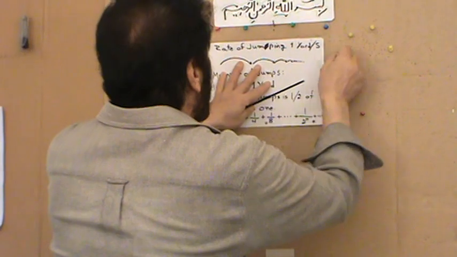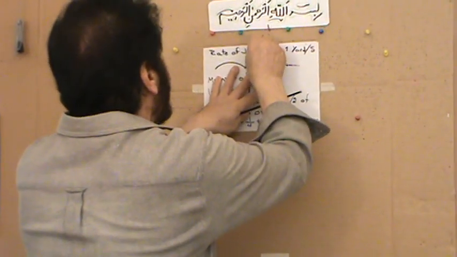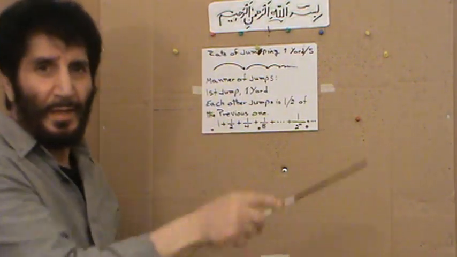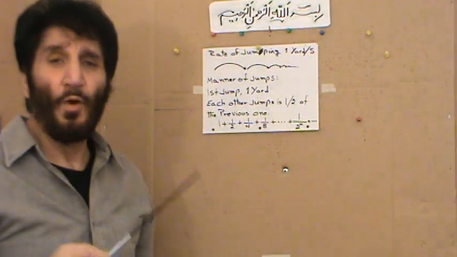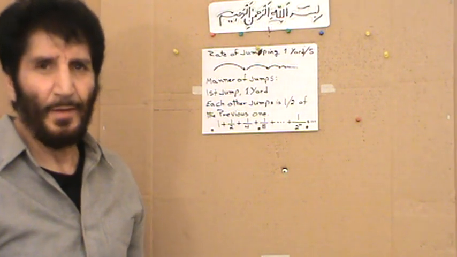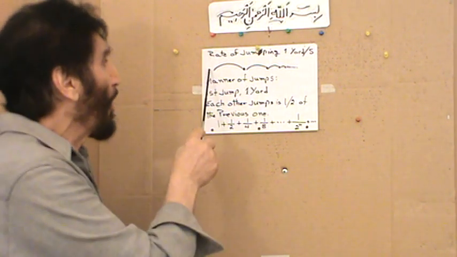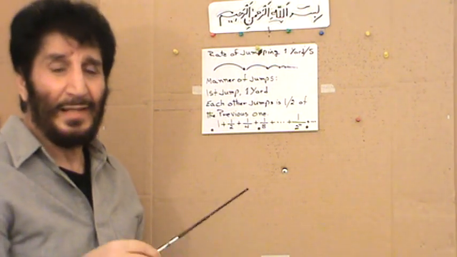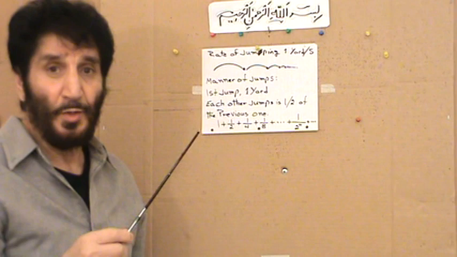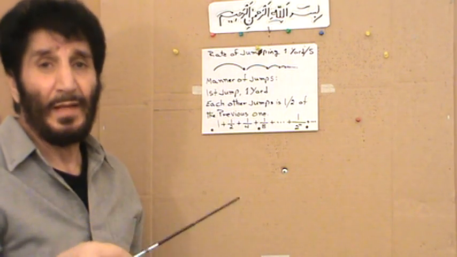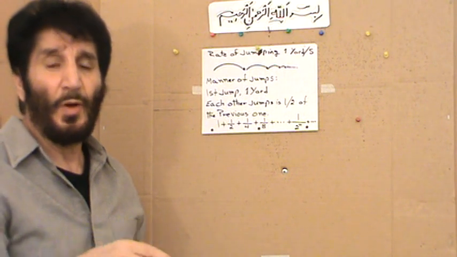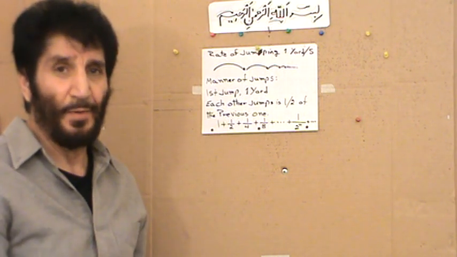Now suppose a frog can jump at the rate of, let's say, 1 yard per second. The unit is immaterial, all right? The manner in which he jumps is that after the first jump, which takes 1 yard, each of the other jumps he makes will be half of the previous one.